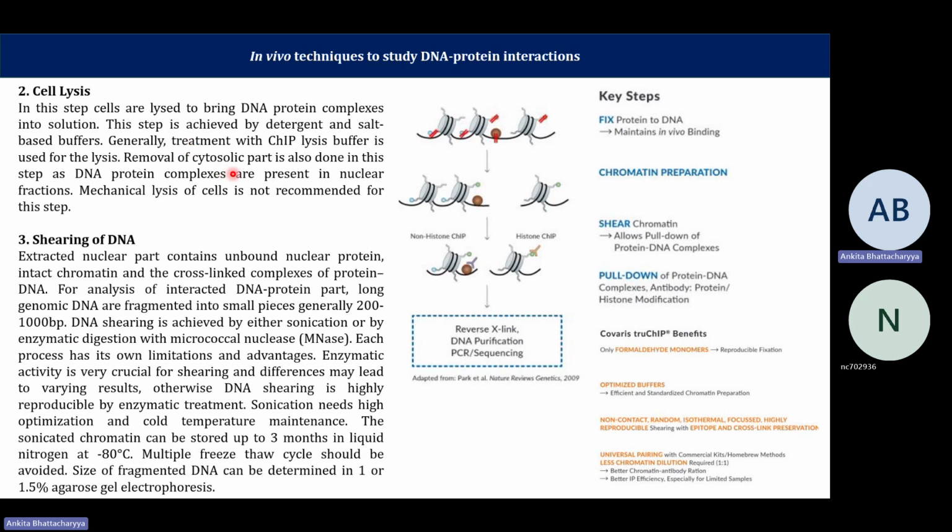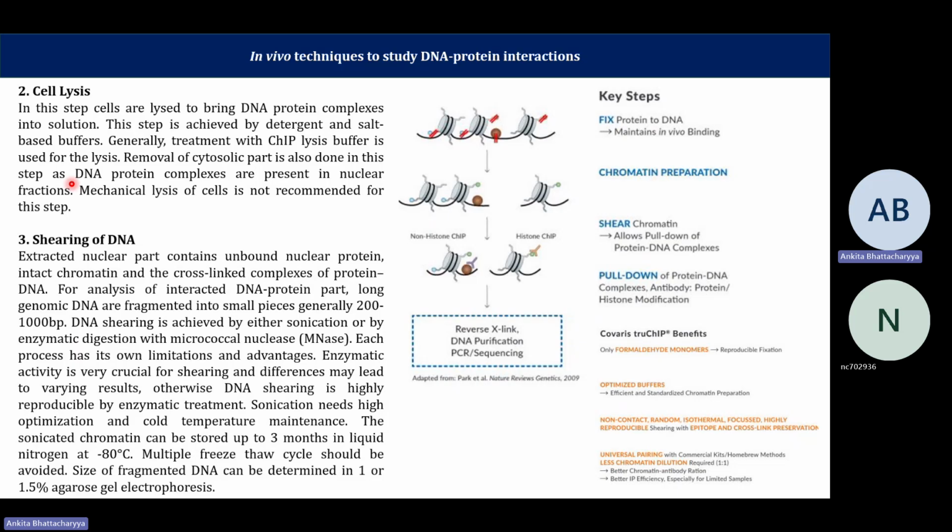You want to enrich for the DNA protein complex, and you remove the cytosolic part as well. Mechanical cell lysis is not recommended. One reason is that if you are too harsh with your cells, while it's not always something that happens, it is definitely possible that you might end up disrupting DNA protein complexes.